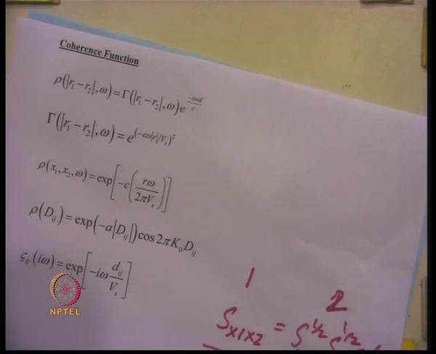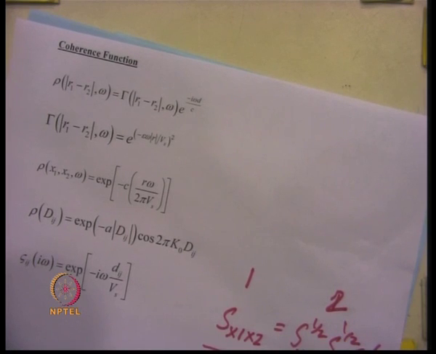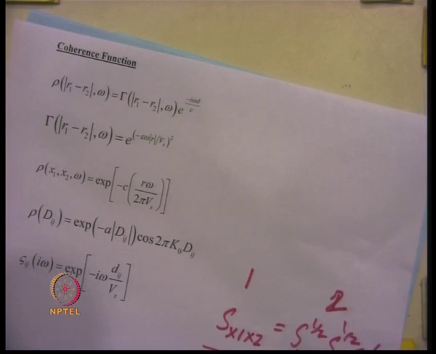Sx1 and Sx2 are the power spectral density functions of the ground motion, maybe of acceleration, at these 2 points, and for a homogeneous field we generally assume that the power spectral density function of ground acceleration at these 2 points are the same. As a result, one can write the cross power spectral density function as Sx times this coherence function.